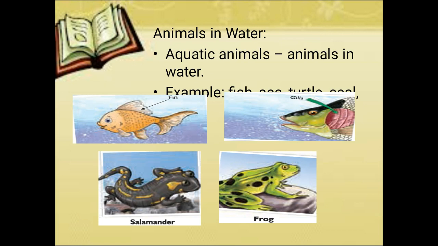And the animals in water have fins and a streamlined body, so that they can move easily in water. Likewise, amphibians use lungs to breathe on land, and moist skin to breathe in water.